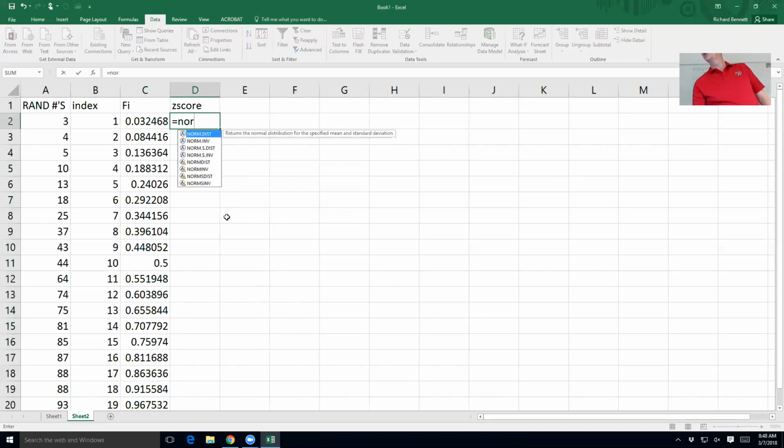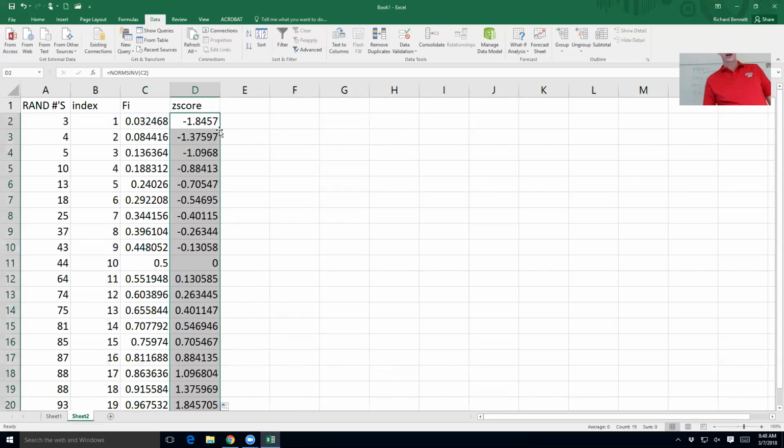This or inverse? Inverse. And don't use the one with the periods, it's a little harder to use. Actually, I don't think it matters on this one, but I always like the one without the periods. NORM S inverse of that. Okay, now what? The F sub I.